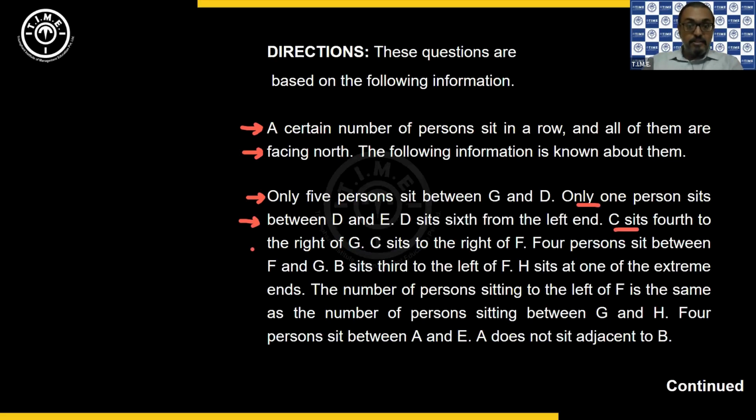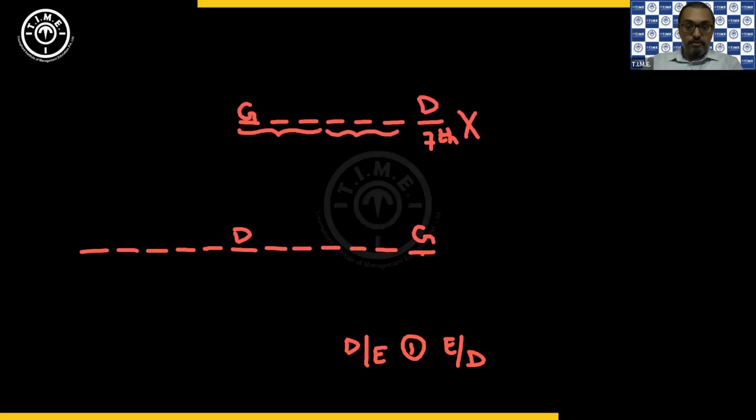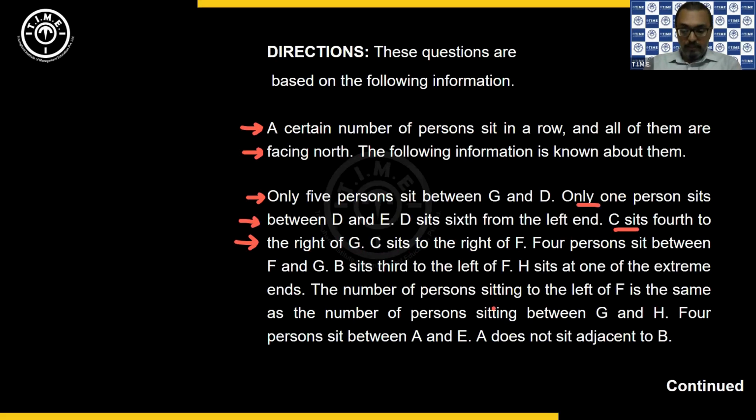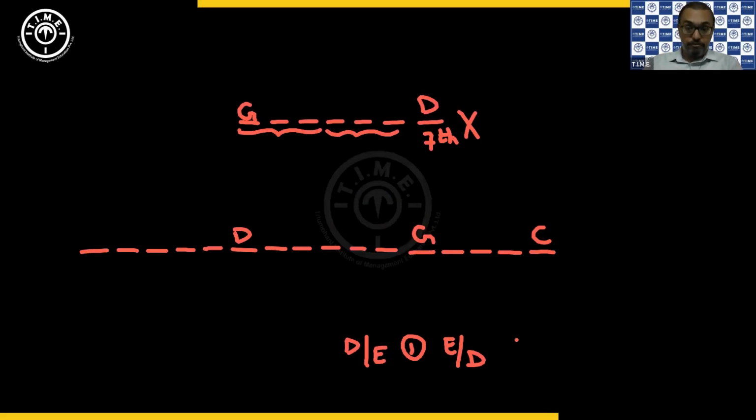Then C sits 4th to the right of G, so C should be in the 4th position to the right side of G. Then C sits to the right side of F, so F could be in any position for now.